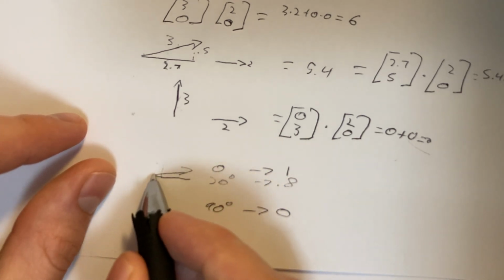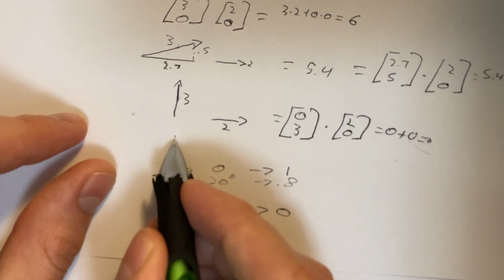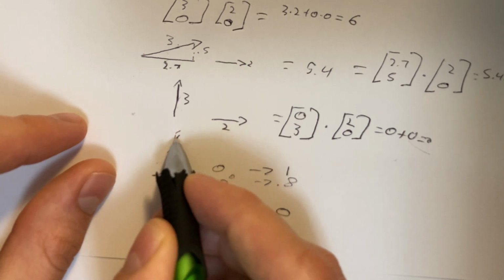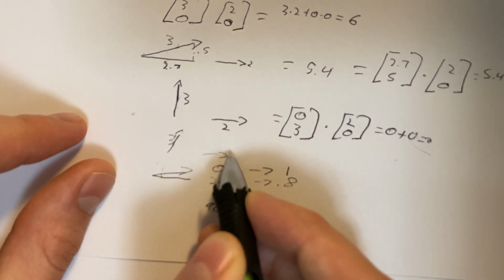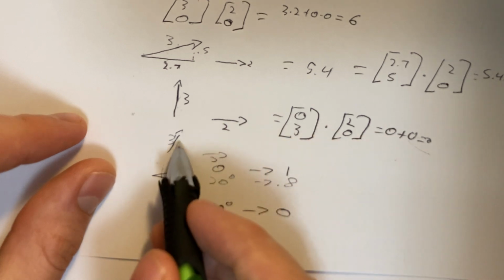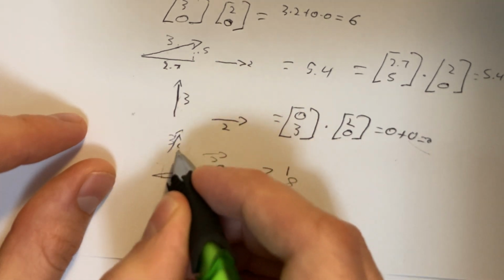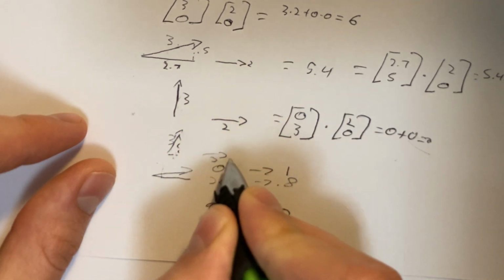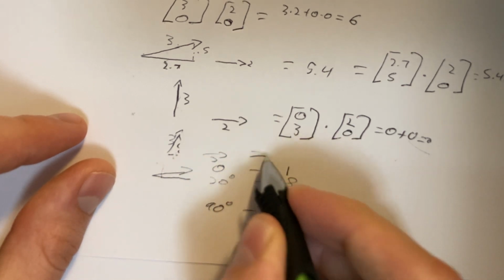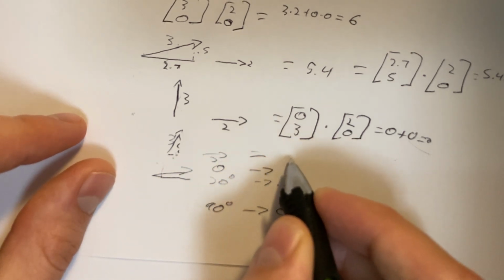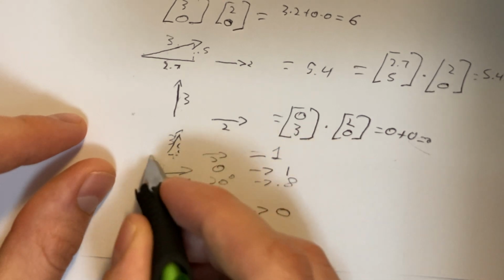And I'm sure if we were to draw another example here, where we have like 3 in this direction, 2 in this direction, the amount of overlap, like this little part right here multiplied by this length, would be some number close to 0, like 1.